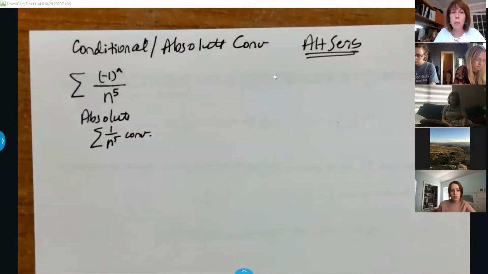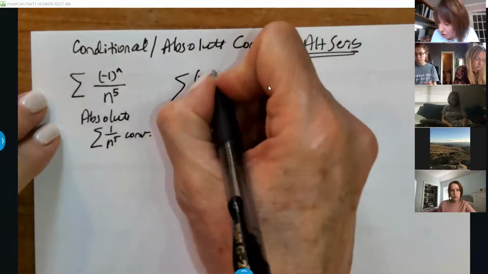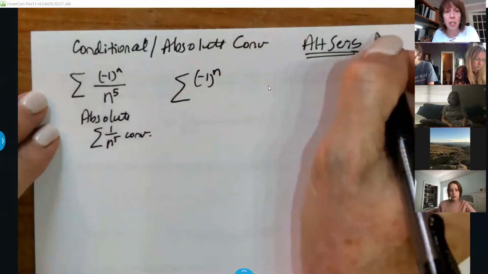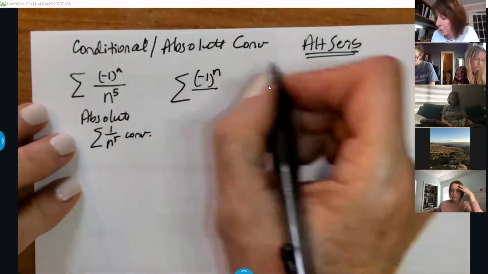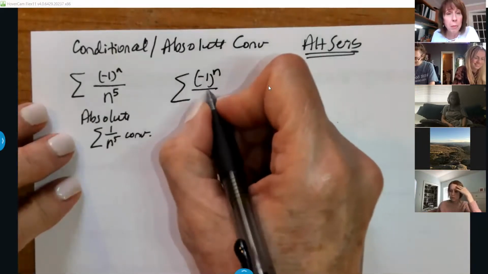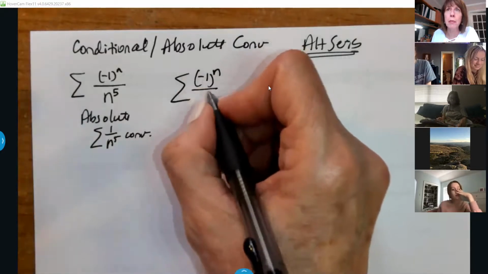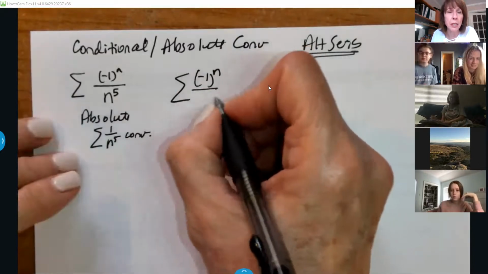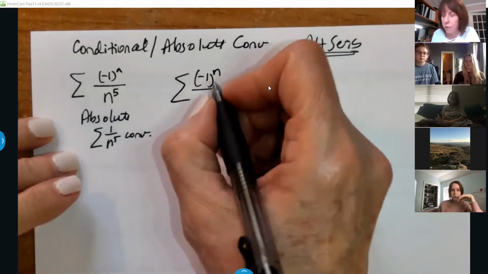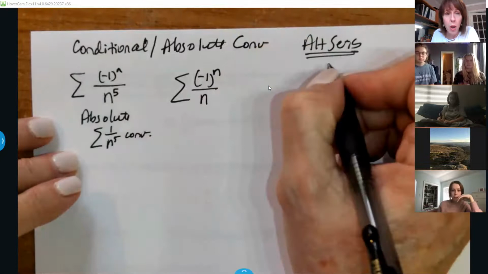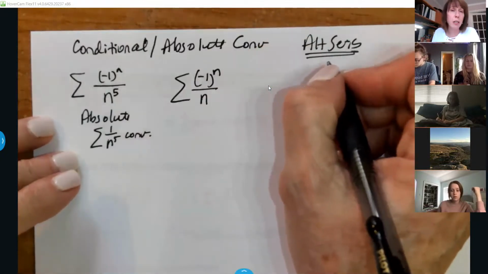If I want to make an example of a conditional convergence, then I like these p series because they're easy to play with, but I'm going to make the part of the p series in the denominator where I know it's going to diverge by itself. So maybe just an n, or square root of n, cube root of n, all of those guys.